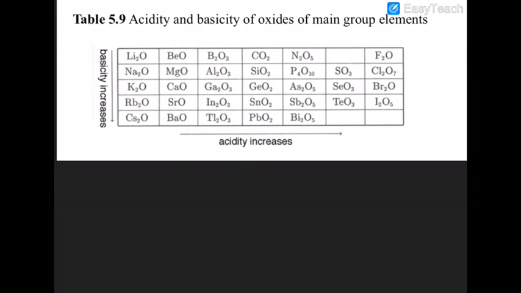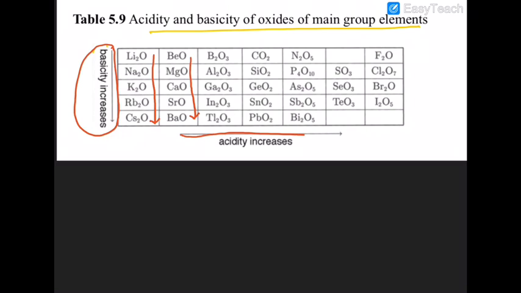Similarly, if you see the acidity and basicity of the main group elements, you can easily see that basicity increases as we move down the group. I am repeating once more: basic strength increases as we move down the group.